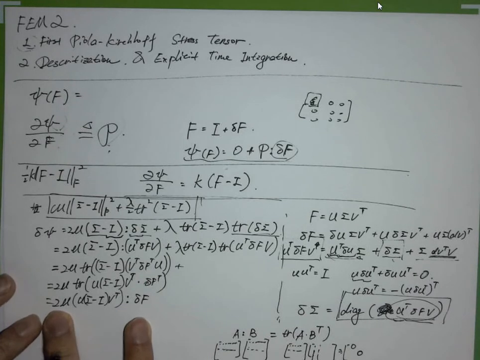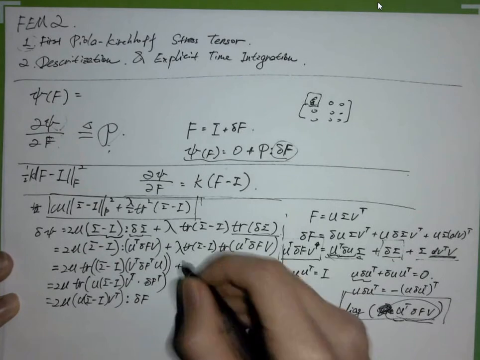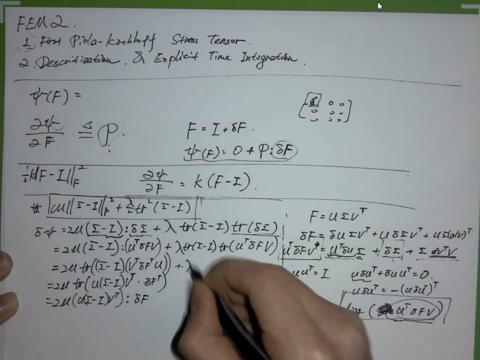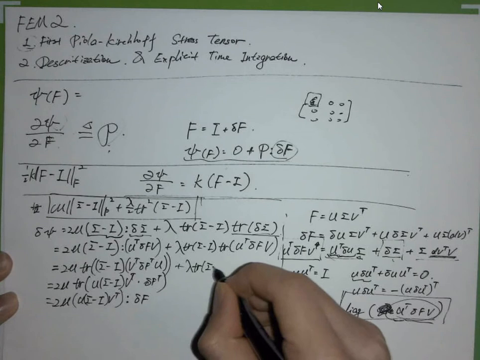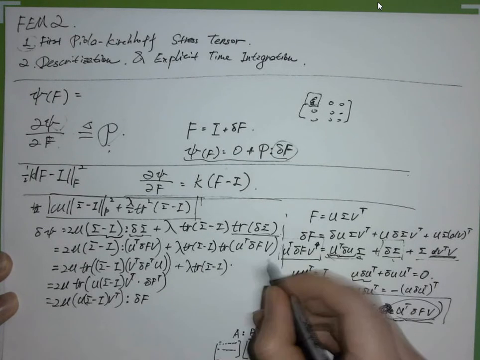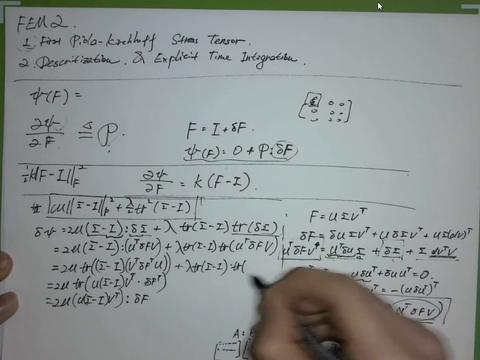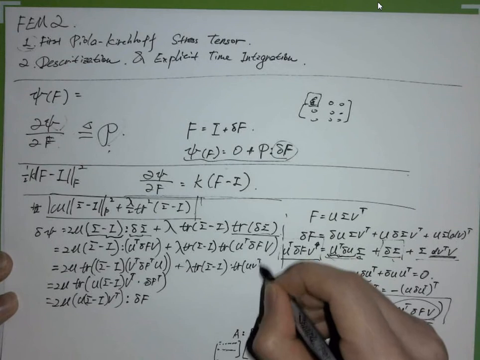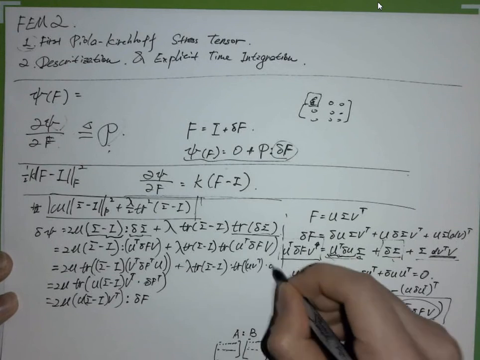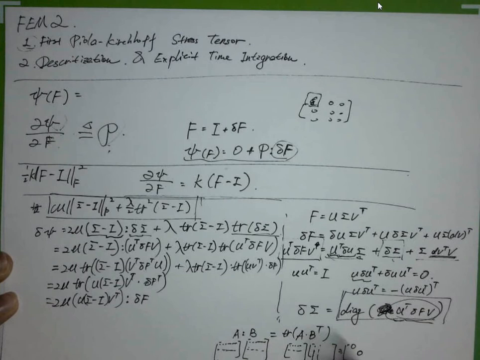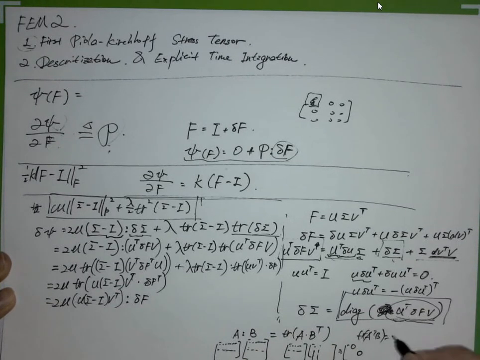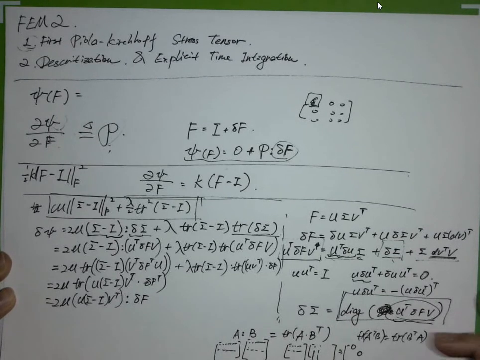All right, we can do the same trick here. Here it's basically saying lambda multiplied by trace of sigma minus I multiplied by, I'm going to move this V to the first one. So it becomes a trace of U V transpose multiplied by delta F. And we know if both of them are square matrices, the trace of A transpose B should be the same as the trace of B transpose A. You just transpose the entire matrix and apply the cyclic permutation law.